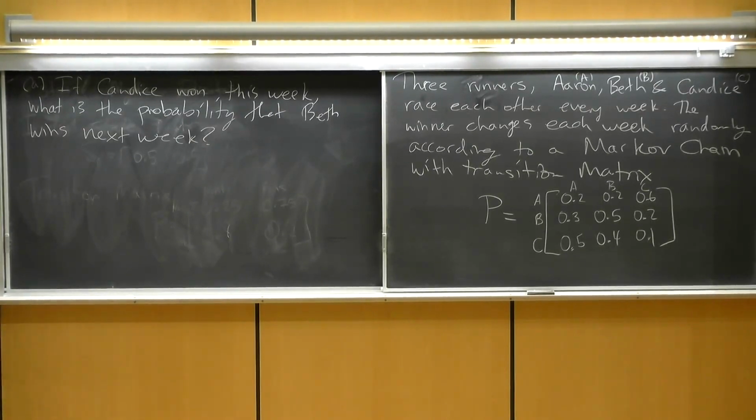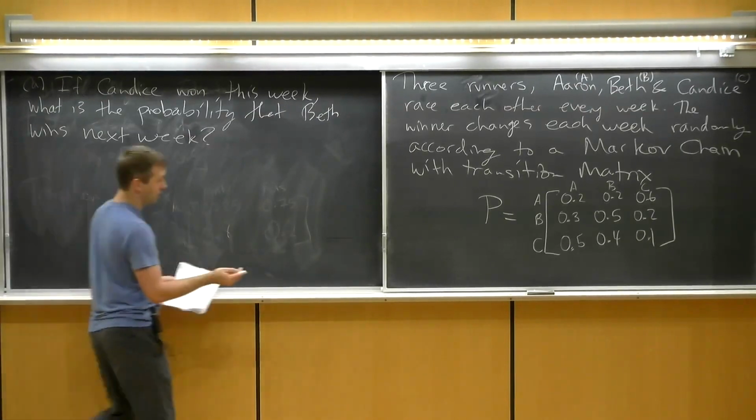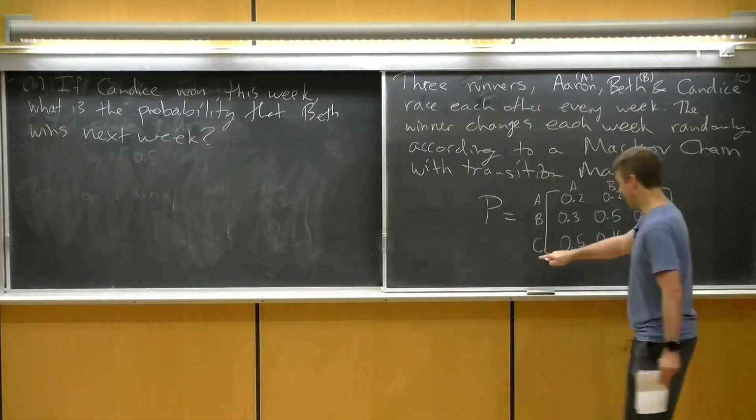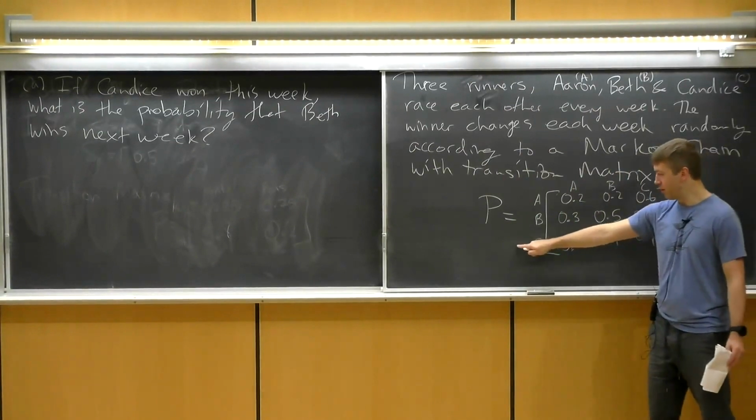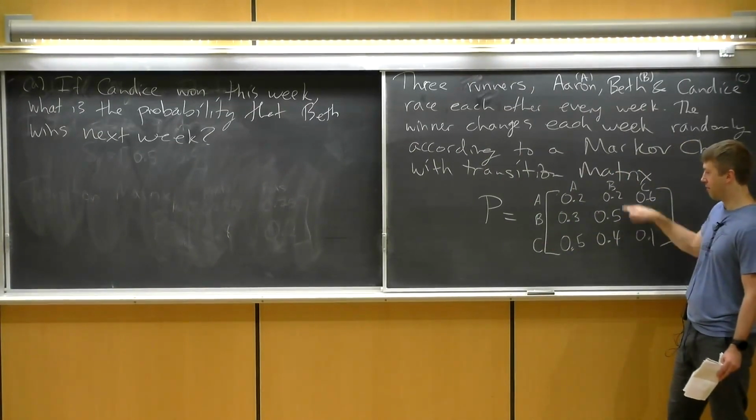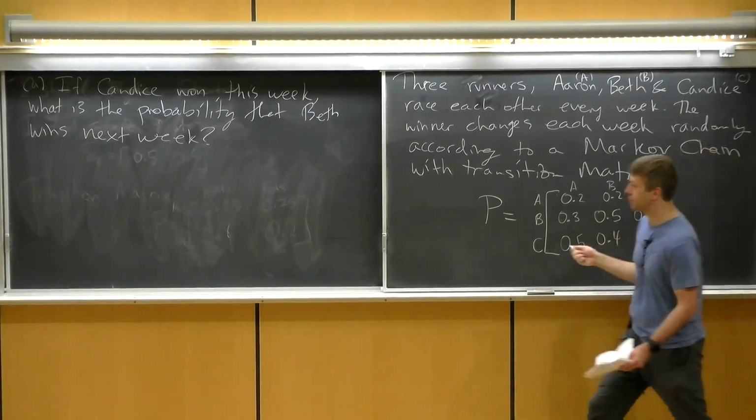So any thoughts? Yeah, I think so. Exactly, you're on the row for Candace, and you want to look at the column for Beth, and it's exactly 0.4.